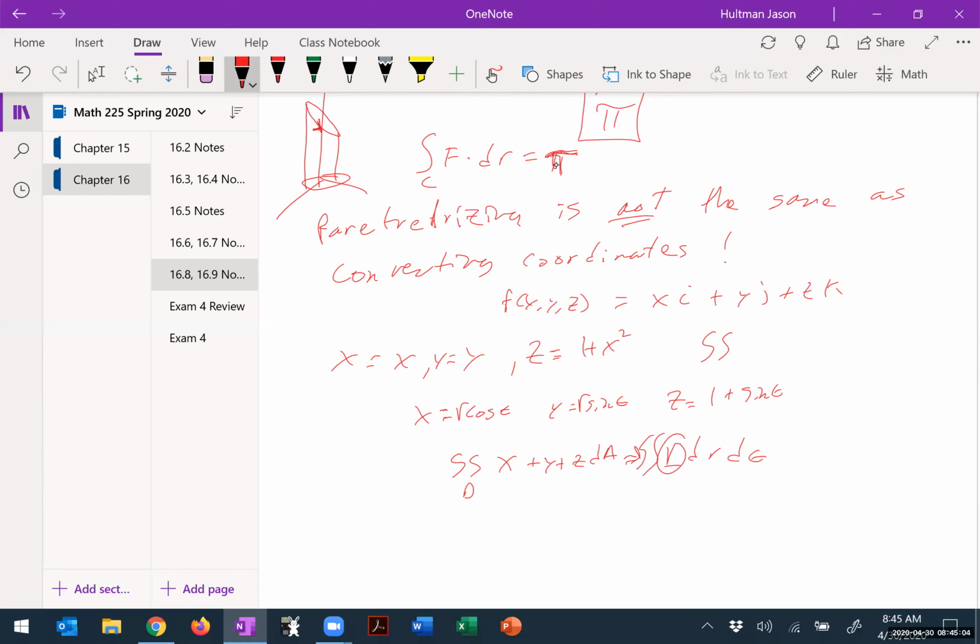When converting coordinates, you're integrating over a rectangular area in rectangular coordinates, and then you're converting to polar. When parametrizing, you're given coordinates, but you're putting it into a parametric form, and you're just evaluating on those 1 or 2 parameters. So you've already done the converting before you even do the integration, if that makes sense.